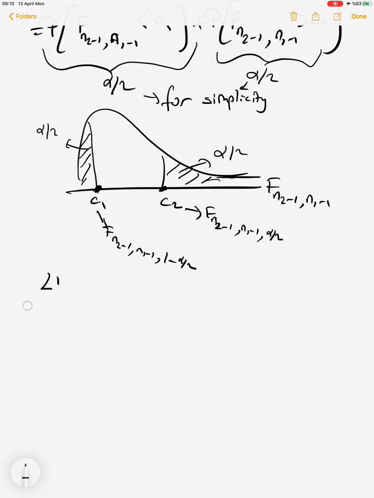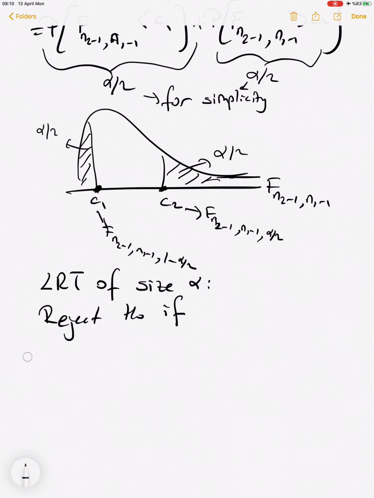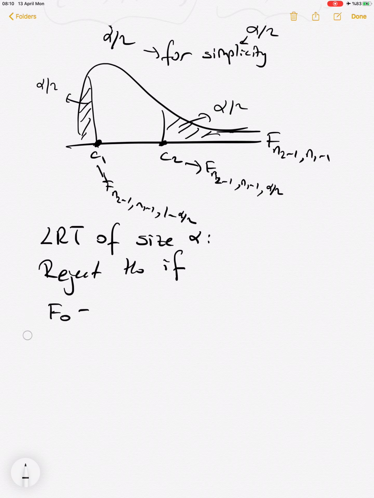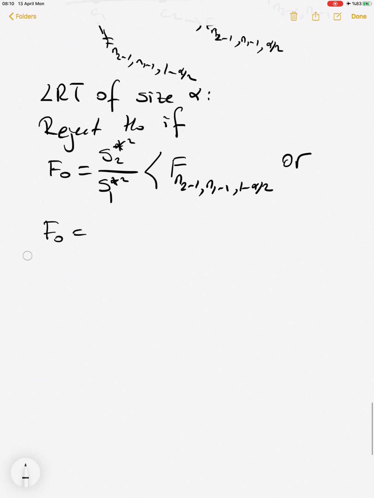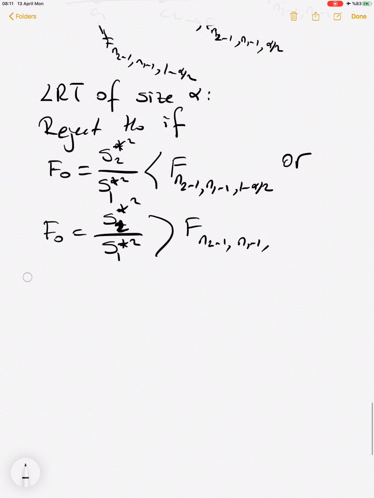So we can write the likelihood ratio test of size alpha: reject H0 if F0, which is S2 star square over S1 star square, is less than F with n2 minus 1 and n1 minus 1, 1 minus alpha over 2, or F0, which is S2 star square divided by S1 star square, is greater than F with n2 minus 1 and n1 minus 1, alpha over 2.